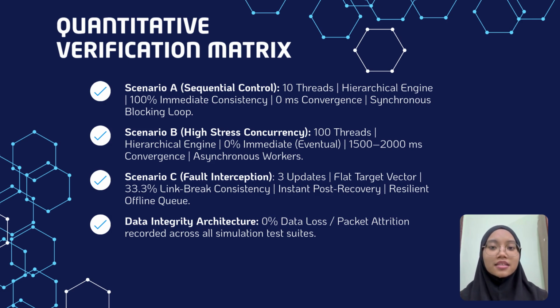Scenario B, high stress concurrency, scaled up to 100 threads, shifting to asynchronous workers, which require a 1500 to 2000 millisecond convergence window. Scenario C, fault interception, executed during an active network partition, maintaining 33.3% initial consistency across the surviving links.